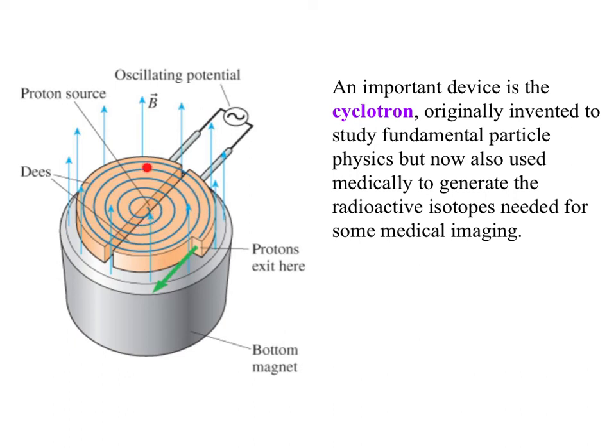The magnet is in two parts, each called a D, and the magnetic field is roughly uniform, pointing, in this case, upward. So the positive charge spirals around a half circle, then accelerates across that gap, and then spirals around again and accelerates. Each time it's going faster as it enters the D, so it tracks out a bigger and bigger circle, and eventually it exits here in a highly collimated beam of very high speed.